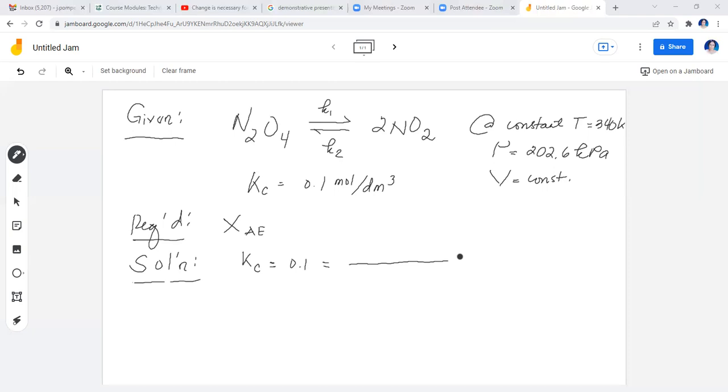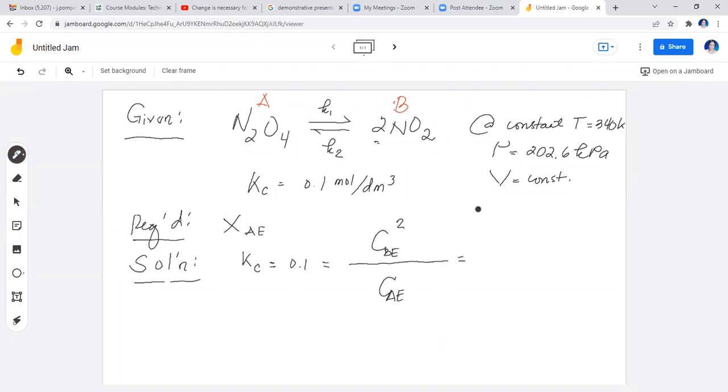So let's say this is B and this is A. Now I will write my equilibrium expression. It should be CBE squared because of this 2 here over CAE. Now, what then would I do?